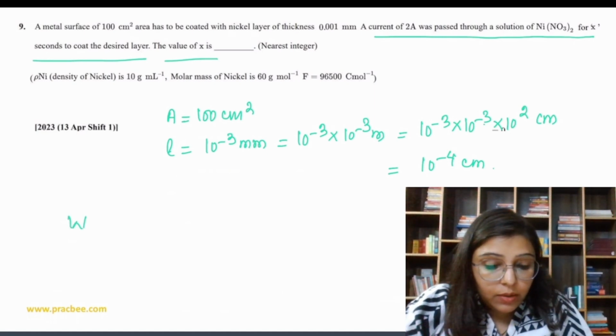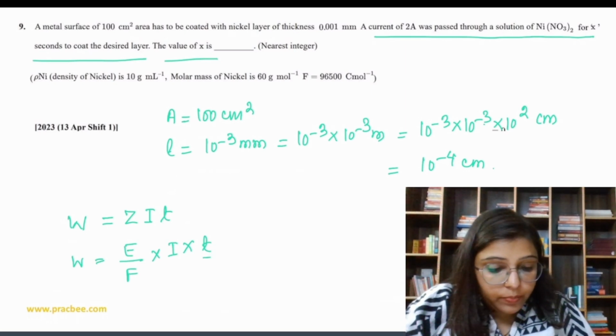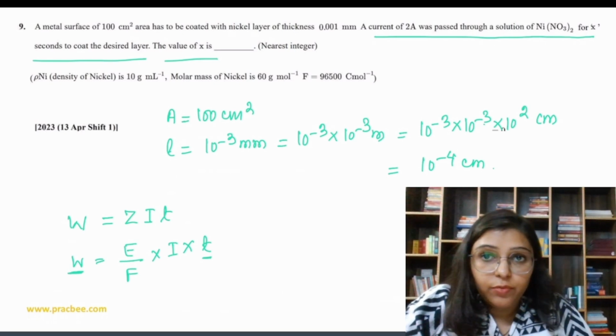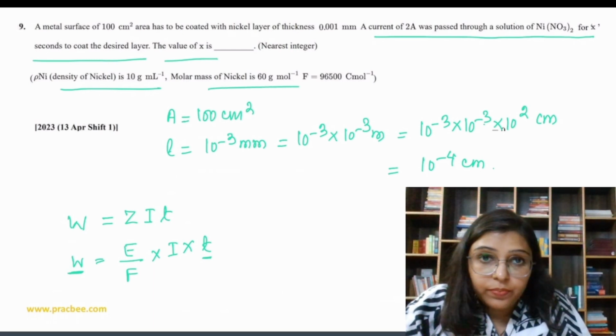So we know that W is equal to ZIT, and Z is electrochemical equivalent, which is the equivalent weight divided by Faraday into I into T. So we have to find out time. Okay, so mass, how to find out mass? Density of nickel is given, molar mass of nickel is given. Faraday value is given.